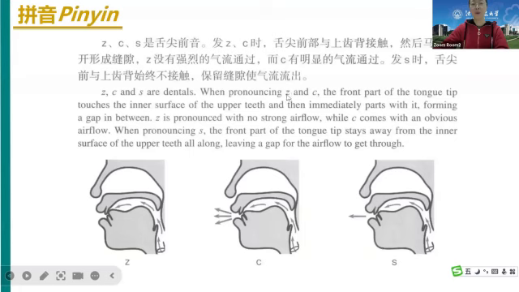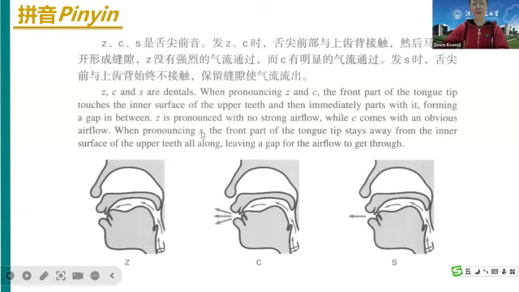When pronouncing z and c, the front part of the tongue tip touches the inner surface of the upper teeth and then immediately parts with it, forming a gap in between. Z is pronounced with no strong air flow, while c comes with an obvious air flow.